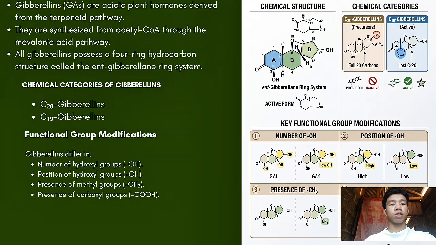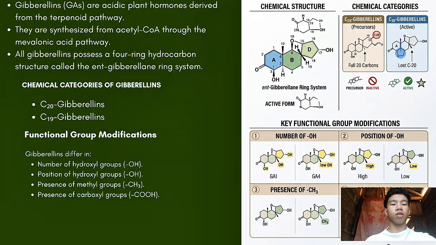The C20 gibberellins contain all 20 carbon atoms and usually act as precursors during gibberellin biosynthesis. On the other hand, C19 gibberellins have lost one carbon atom during metabolism, and are generally the biologically active forms, such as GA1, GA3, and GA4.